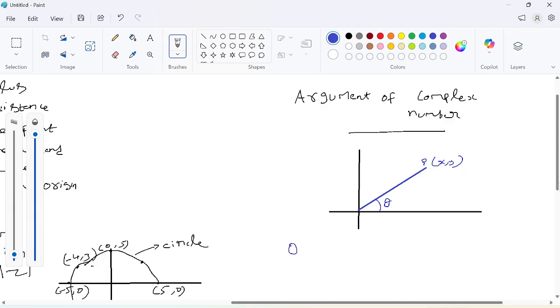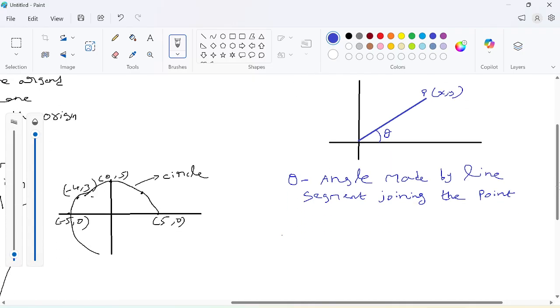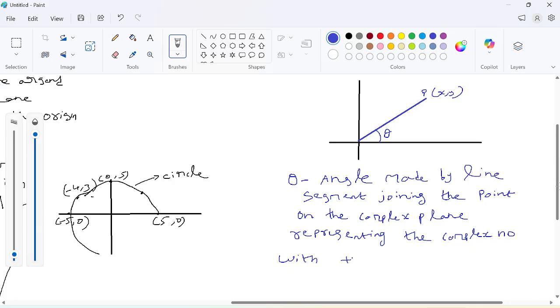What is angle theta? Theta is the angle made by the line segment joining the point on the complex plane representing the complex number with the positive real axis.